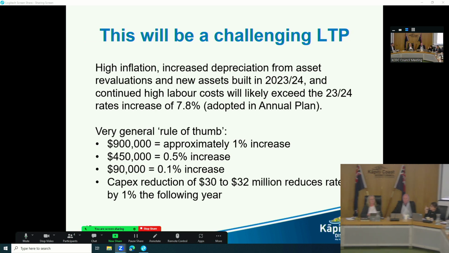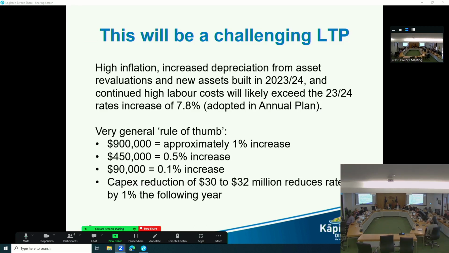For every $900,000 of OPEX that we add, we increase the amount we need to take through rates by about 1%. 0.5% is $450,000, 0.1% is $90,000, and for us to make any real difference to OPEX through CAPEX, we would need to remove $30 to $32 million to remove 1%, because the 1% is only depreciation and interest. So that gives you some context, and we'll keep reminding you of it as we go through our financial conversations.